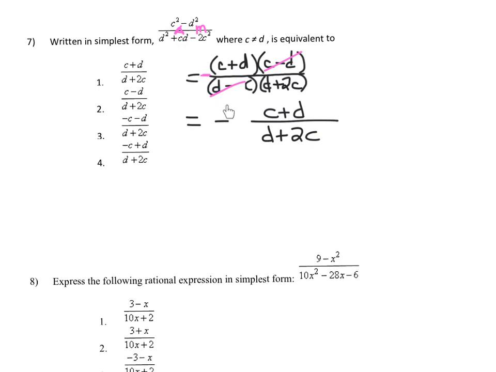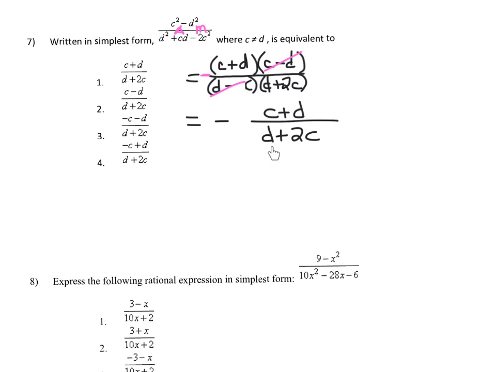So if you have a negative in front of the fraction, you have to decide, am I going to distribute this to the numerator, or am I going to distribute it to the denominator? You cannot distribute it to both, because if you distributed it to the top and to the bottom, it would be like we have a negative over a negative. Okay, it'd be like we have two negatives. And if we had a negative over a negative, isn't that a positive? Okay, so you have to decide where you want to distribute it.